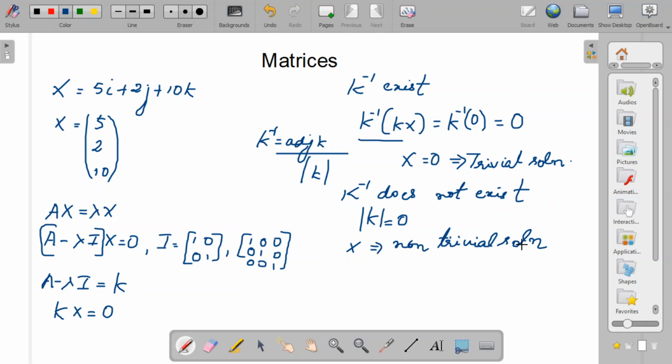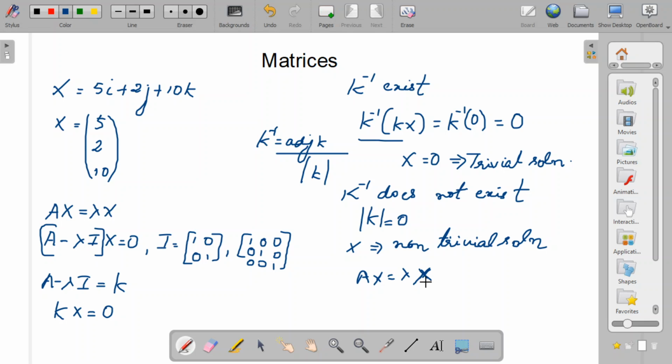Now I can say that A x is equal to lambda x. Then for this particular value of lambda, we get a non-zero solution for x. If K inverse does not exist, then when we write A x equal to lambda x, x will have some non-trivial solution.